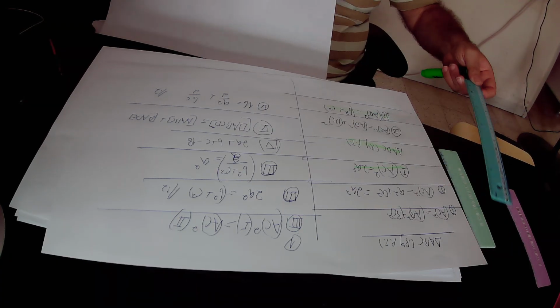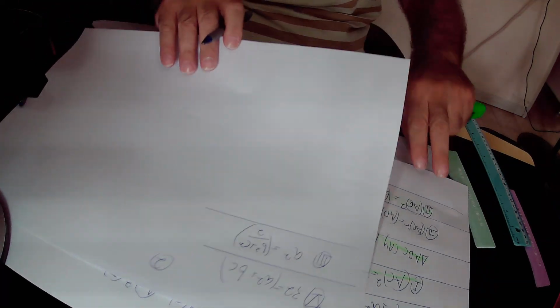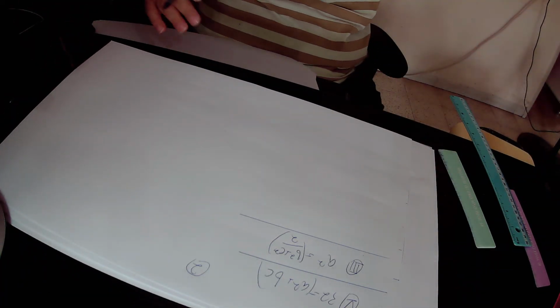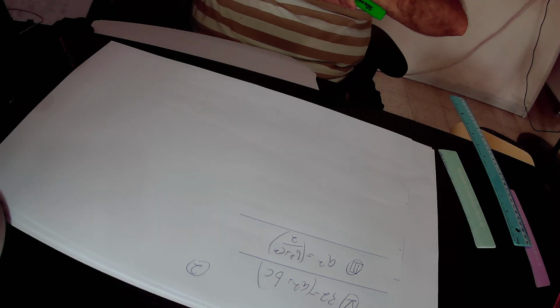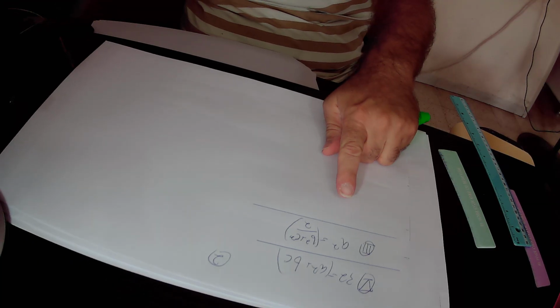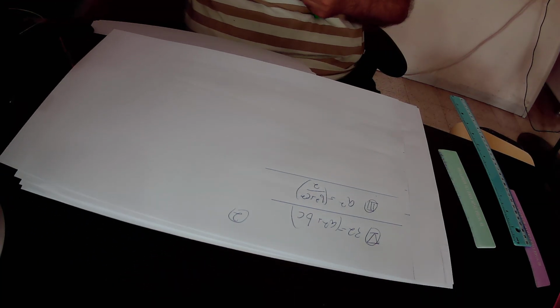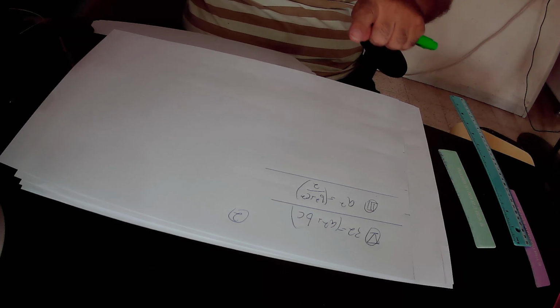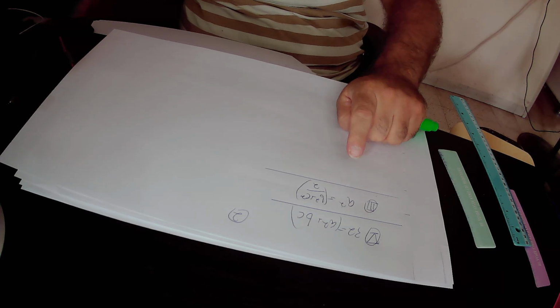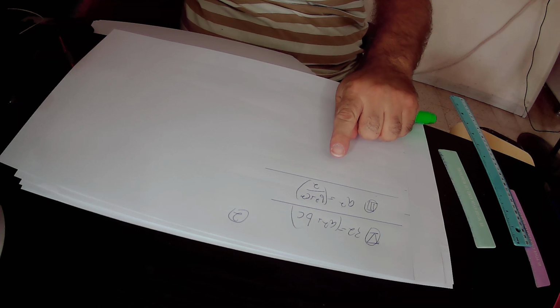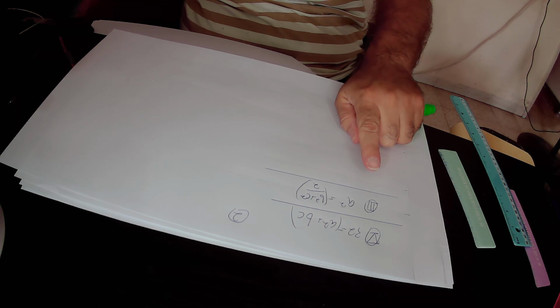And again, according to equation 3, A squared equals B squared plus C squared over 2. So I can substitute A squared in equation 5 by B squared plus C squared over 2 from equation 3.